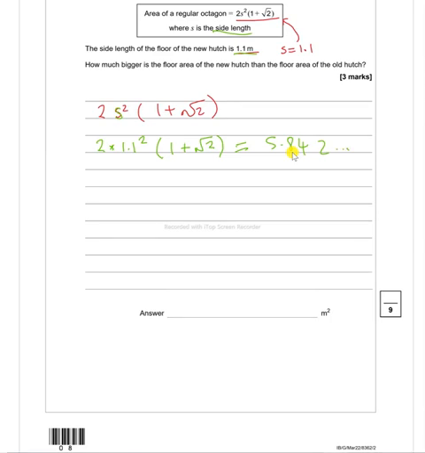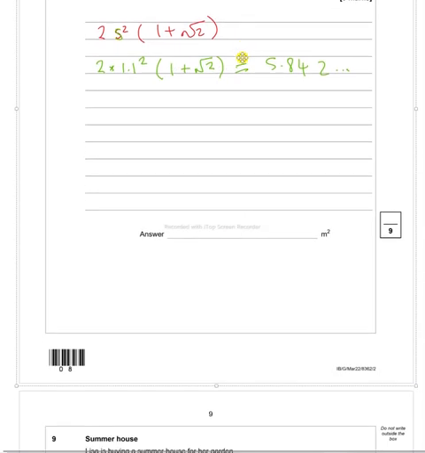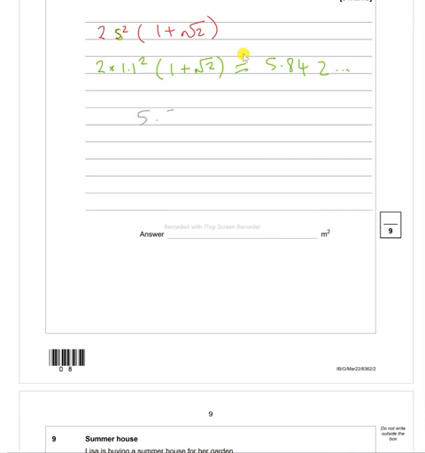5.842 and so on, and they want to work out the difference from the original 4.46. So you do 5.842 take away 4.46.